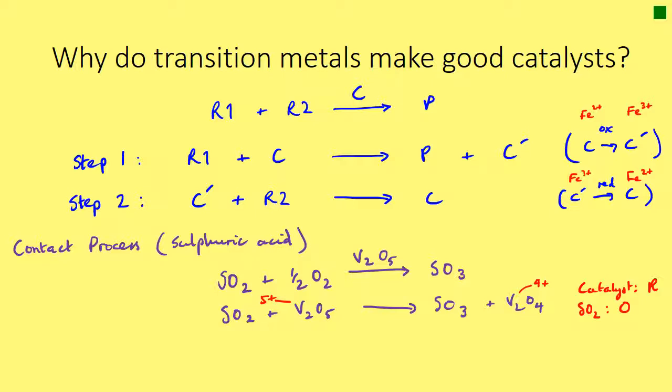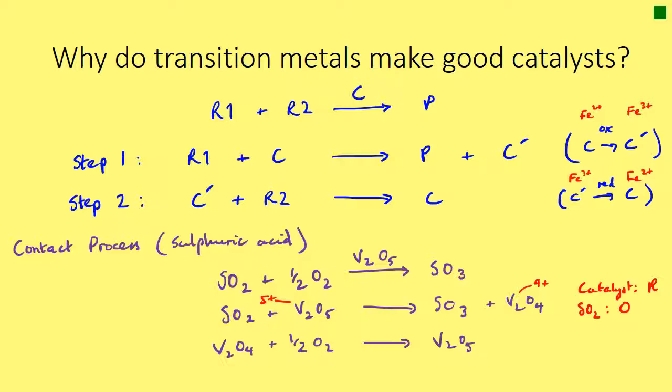So that was step 1. Step 2 is our catalyst, or a modified catalyst rather, our V2O4 is going to react with some oxygen, which is our other reactant, and be reformed back into V2O5, our original form of our catalyst.